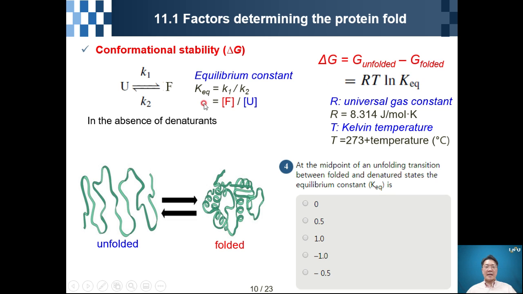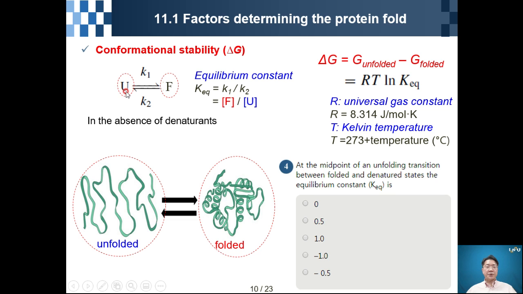Okay, so now I will show you the easiest way to calculate conformational stability. U means the unfolded protein, and F means the folded protein. In the absence of denaturants, unfolded protein can easily change to folded protein, and folded protein can also change to unfolded protein.